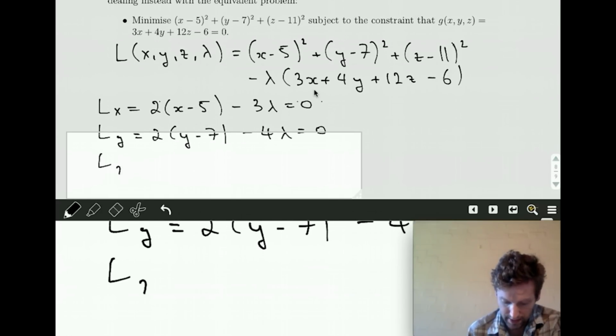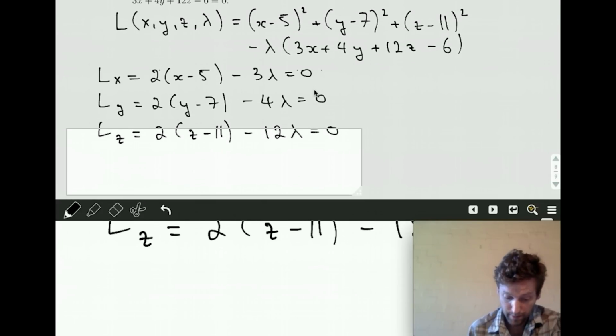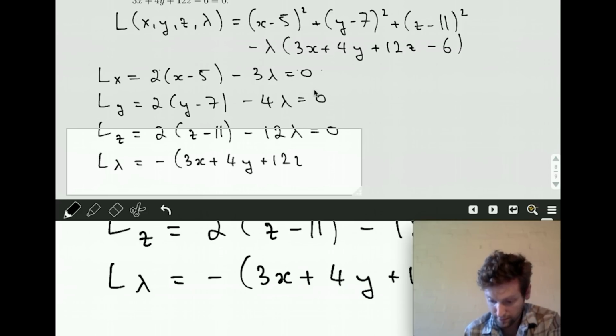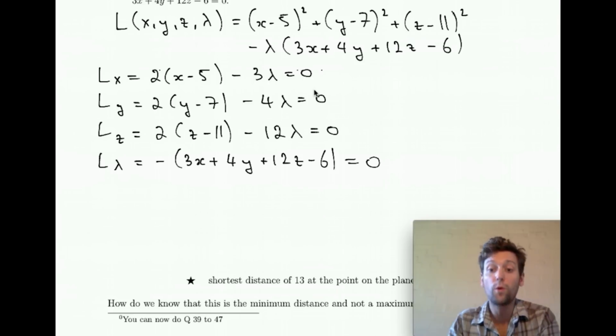Derivative with respect to z is going to be 2 times z minus 11 minus 12 lambda is equal to 0. And of course, the derivative with respect to lambda will give me 3x plus 4y plus 12z minus 6 is equal to 0. So these are my 4 equations for 4 unknowns.